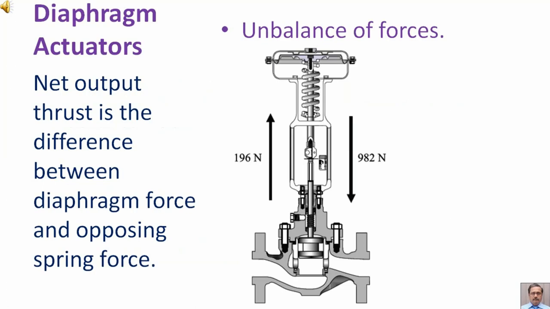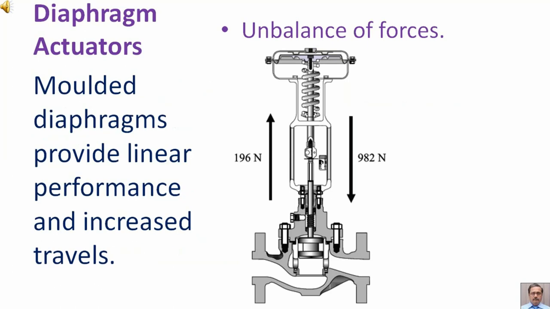We are going to talk little more about the diaphragm actuators. Net output thrust of the actuator is the difference between diaphragm force and opposing spring force. Molded diaphragms provide linear performance and increased travels.